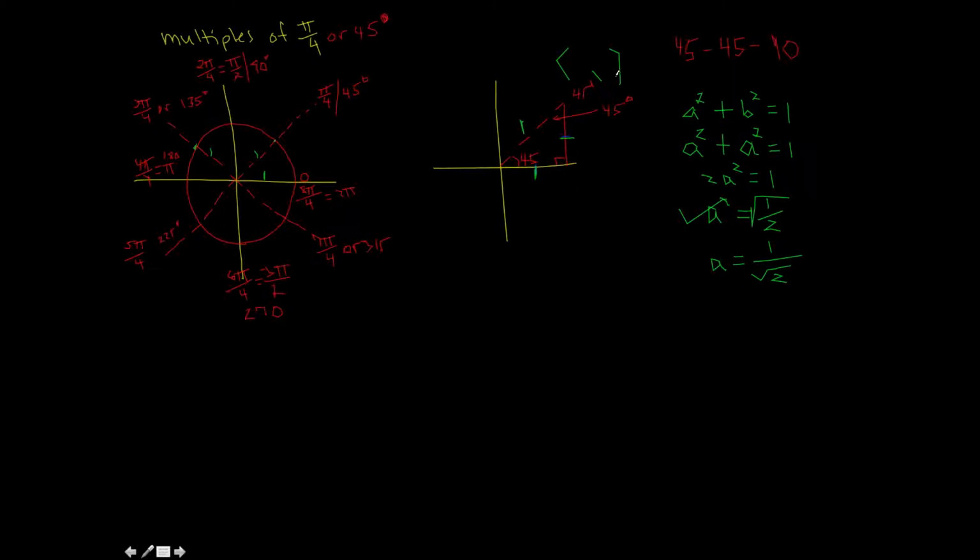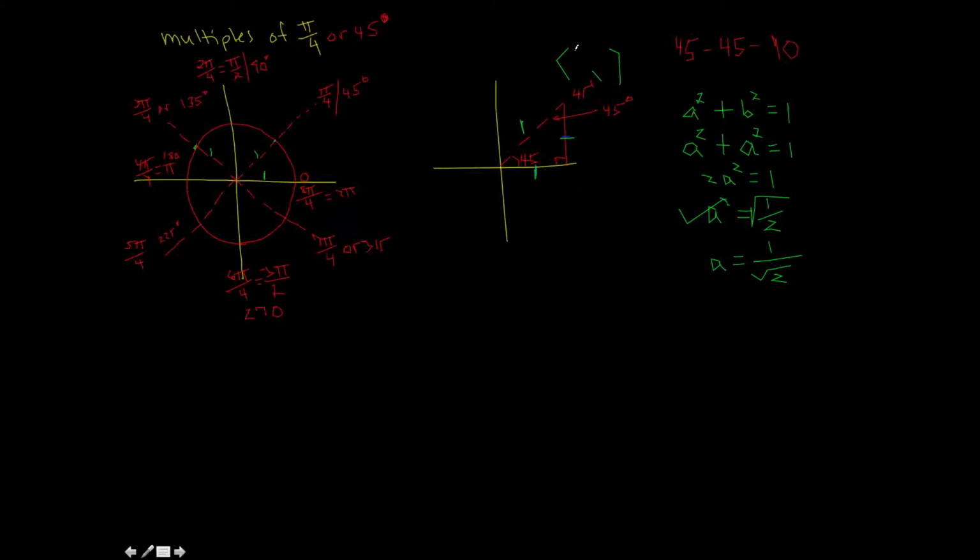We're only going to use the positive version because we're in the first quadrant. If we were in the second quadrant, we would use the negative value of A instead of the positive value when you take that square root, because in the second quadrant, our x values are negative. I hope that makes sense.